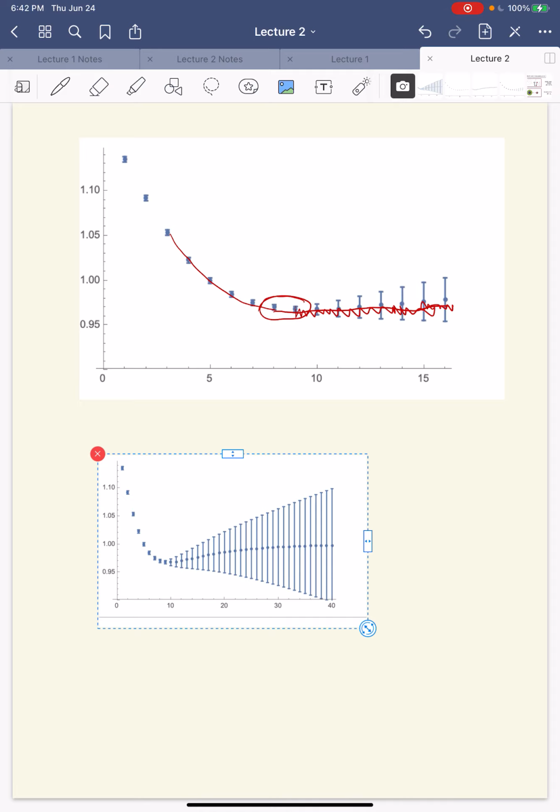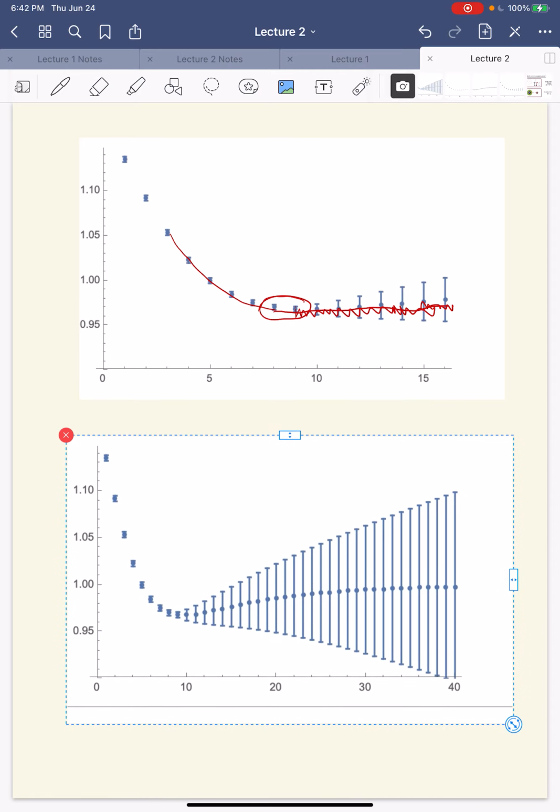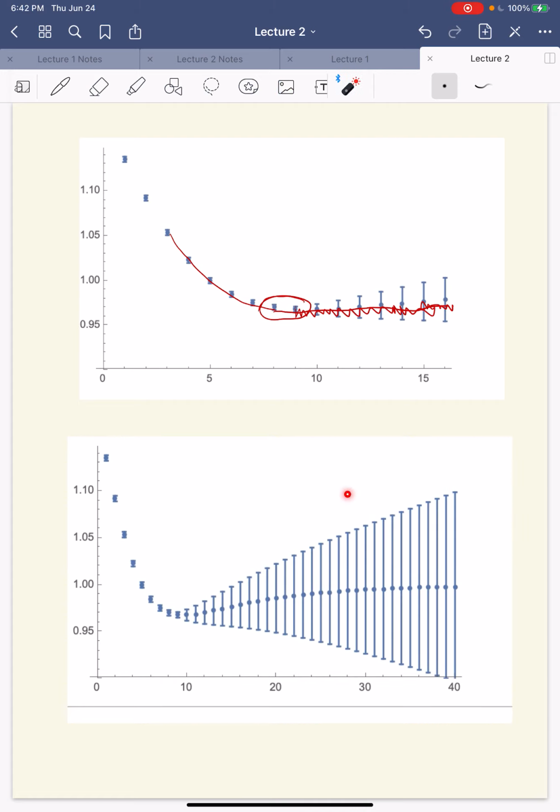And of course, if you said, okay, well then I'll just have to go to very, very late time where it's actually plateaued, no, you're never going to see it because your error bars are growing exponentially. It's actually even way worse than this toy data. I have a very slow growth of error bars here. We'll look at some actual 2-nucleon data, but what you see is essentially you go from having something you can extract to just zero, just garbage.